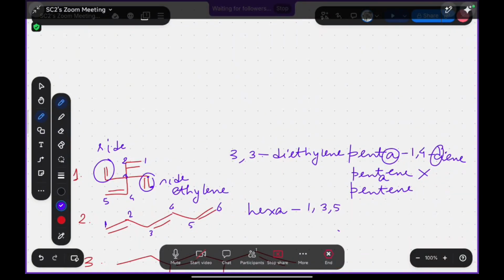For writing the single bond, we don't mention the locant. But for writing the double bond or triple bond, you need to mention at which carbon the double bond is present or at which carbon the triple bond is present. In this example, the double bond is present at the 1, 3 and 5 position. So hexa 1, 3, 5. Then we are having 3 triple bonds. So tri-yne.